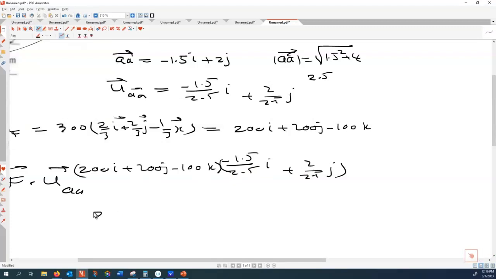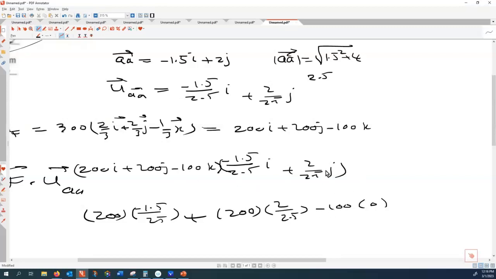So this is 200 times minus 1.5 by 2.5, plus the second one, 200 times 2 by 2.5, and the last one is minus 100 times 0 because it doesn't have a K component here. So that is a number. Whatever that number is, this is the force parallel to AA, projected parallel to AA.